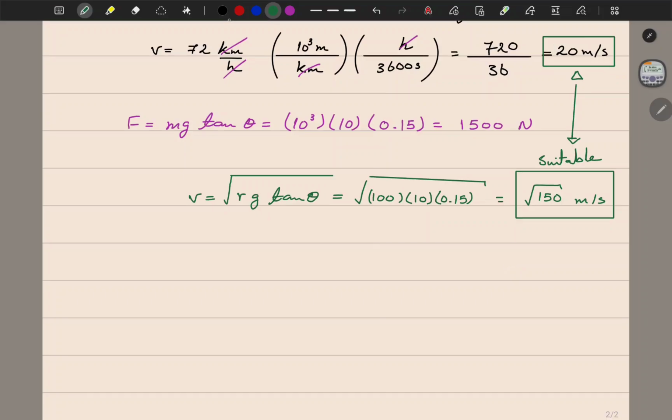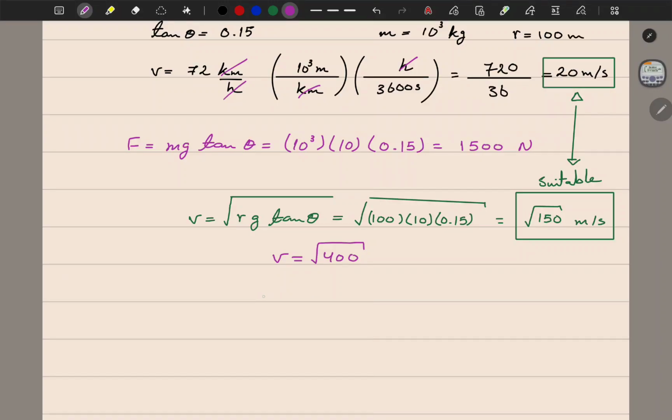Now, an easy way to compare this, because the square root of 150 is not an easy number to imagine, is to square this number, so it's 400. So the velocity at which the car is moving is the square root of 400, which is 20, and the suitable velocity is the square root of 150, and you can see that this is higher than this.